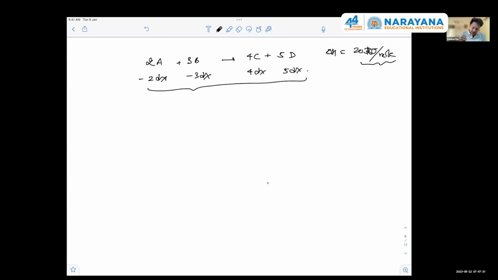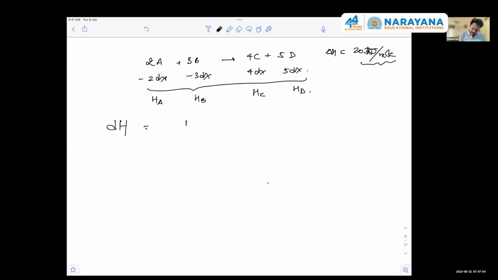Suppose at this particular instance, because H is a state function, its value also depends on what state of concentration something is there. Suppose at this particular time enthalpy per mole value is HA, per mole value is HB, per mole value is HC, per mole value is HD. Then the net change in enthalpy becomes what?